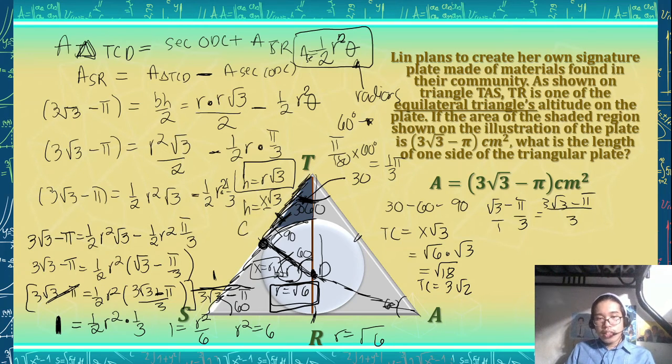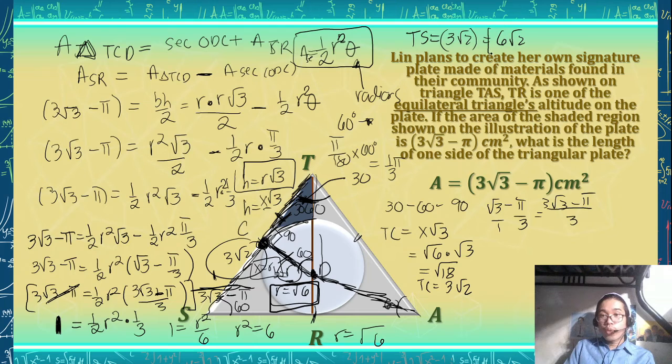And since TC was bisected by this perpendicular bisector over here, or the other height of the equilateral triangle, therefore this is 3 square root of 2, and therefore CS must also be 3 square root of 2. So therefore TS is just equal to 3 square root of 2 times 2, which is equal to 6 square root of 2.